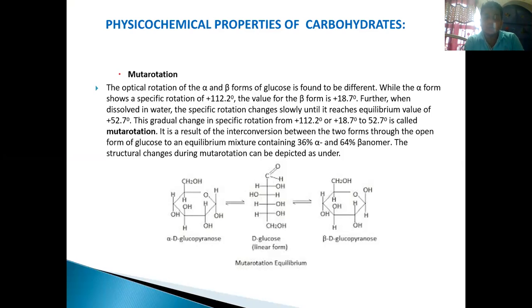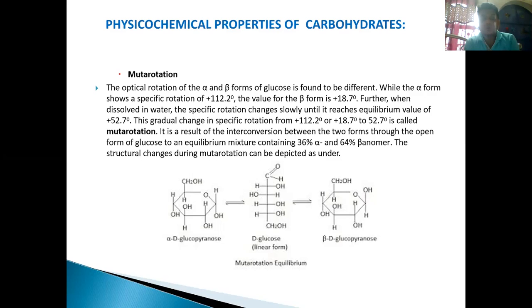This rotation may be clockwise or anti-clockwise, and this is called the specific rotation. Clockwise is plus and anti-clockwise is minus. Now, glucose has two forms, that is the alpha and beta form. The alpha form rotates plus 112.2 degrees, and the beta form rotates plus 18.7 degrees.